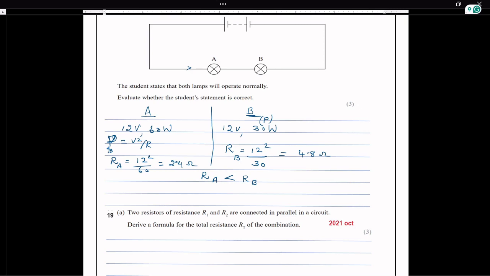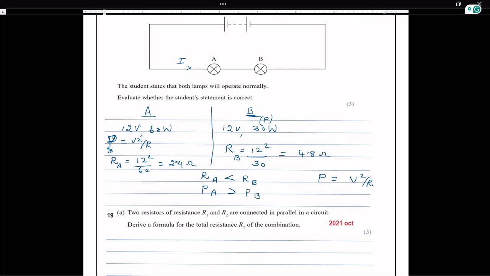Therefore, what remains the same is the current. So we can use the equation to calculate the power, which is V square over R. Since resistance R is less for A, we can say the power of A is greater than the power of B.